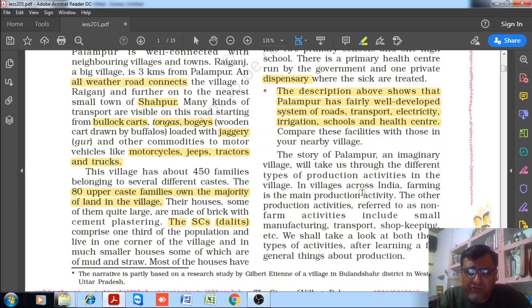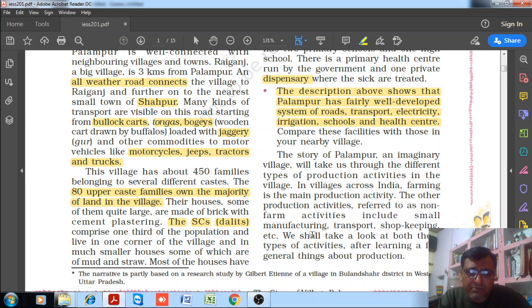So in villages across India, farming is the main production activity, you know it very well. The other production activities are referred to as non-farm activities, like trading, transport, business or any other manufacturing activity.